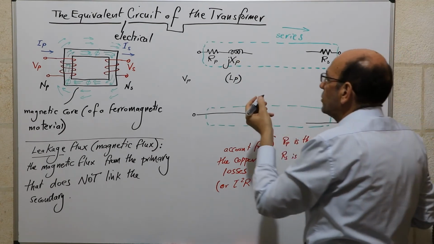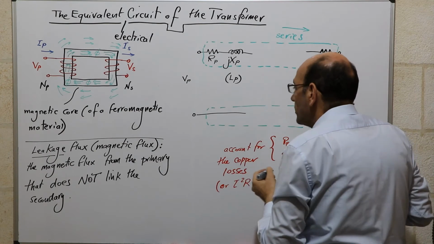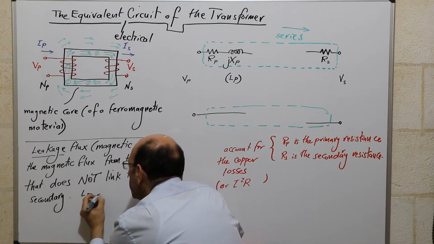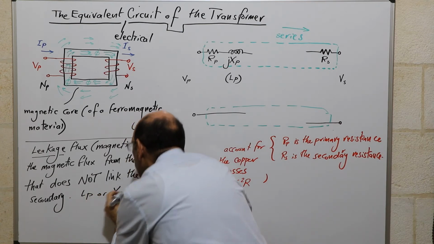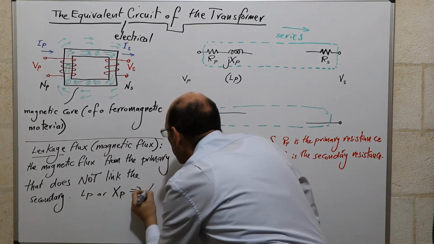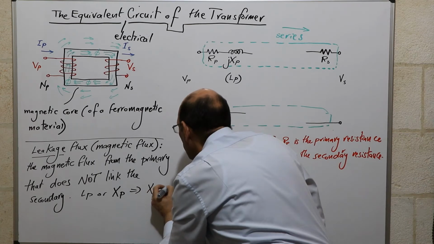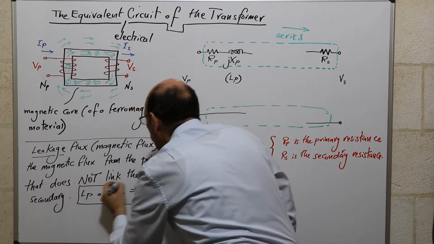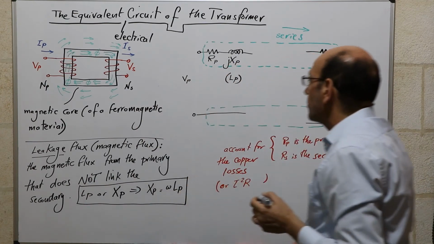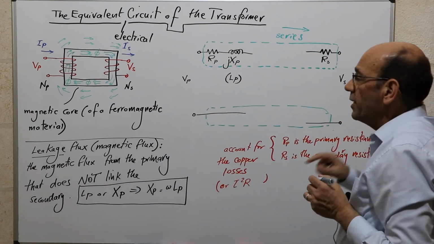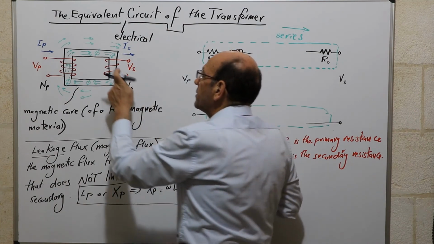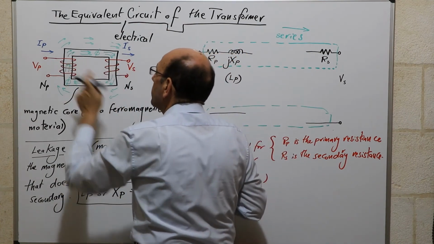And we know that we can transfer from one to the other. So we could simply say LP or XP. And we know that the reactance XP is equal to omega LP, so we could convert from one to the other. That's not a problem. And in the same way, we have leakage flux that links the secondary and does not link the primary.